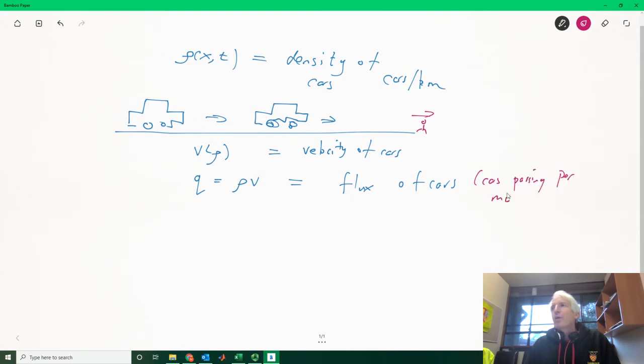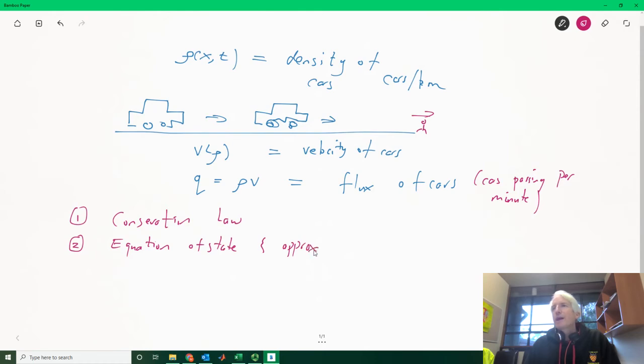Now, almost all of these physical systems have two things: a conservation law and an equation of state. The equation of state is an approximation.